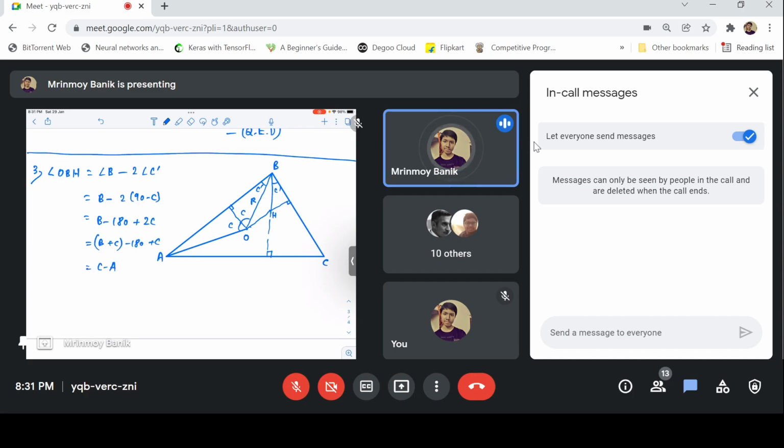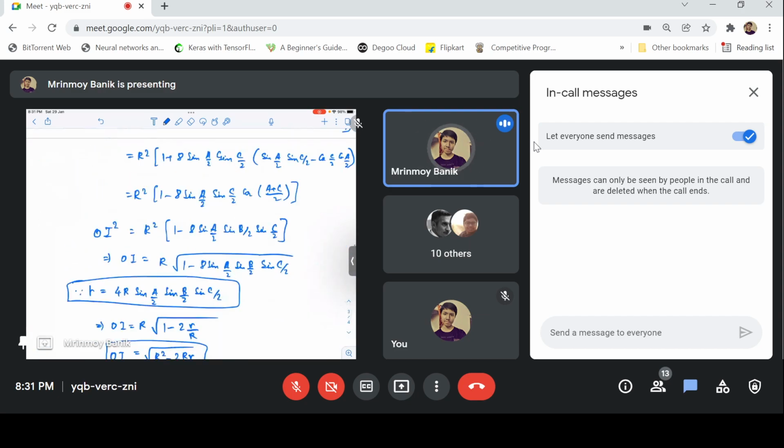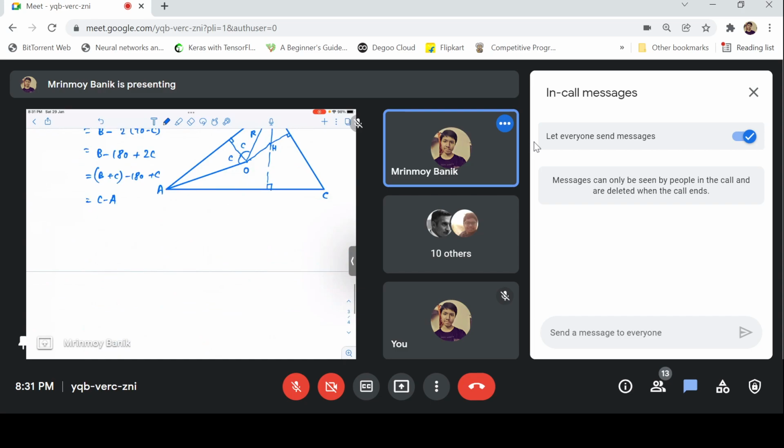So it's C minus A. Previously it was (C minus A) by 2, why is it now C minus A? Yes.